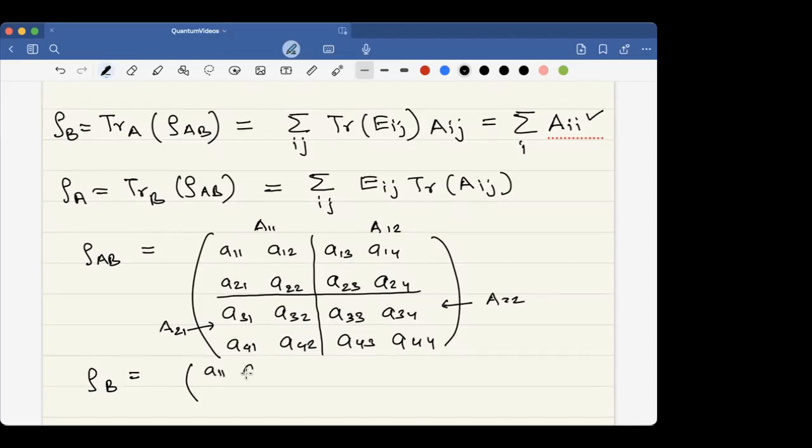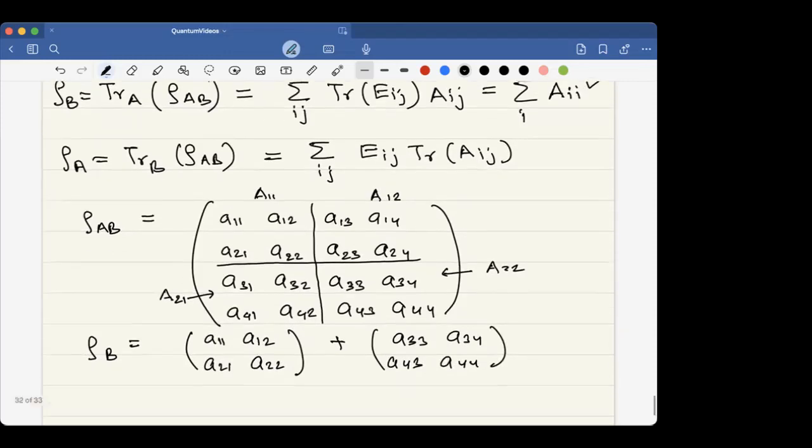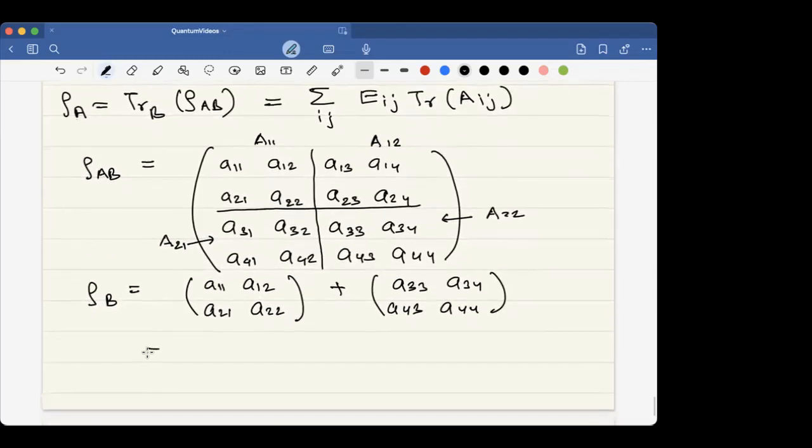So this will be A11, A12, A21, A22 plus A33, A34, A43, A44. That will be rho B. So this will be equal to A11 plus A33, A12 plus A34, A21 plus A43, and A22 plus A44. This will be the reduced density matrix of subsystem B.